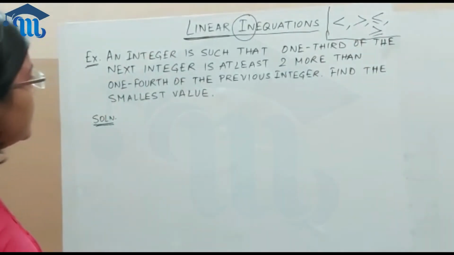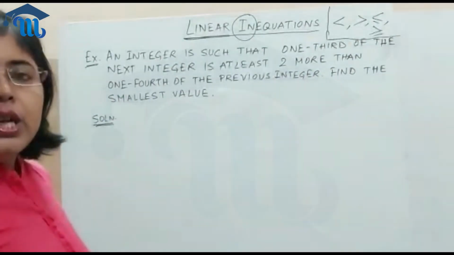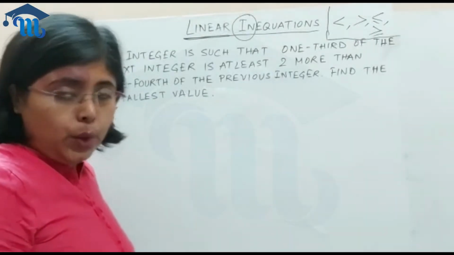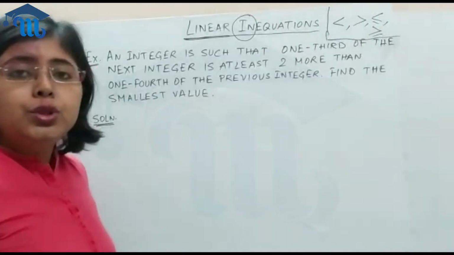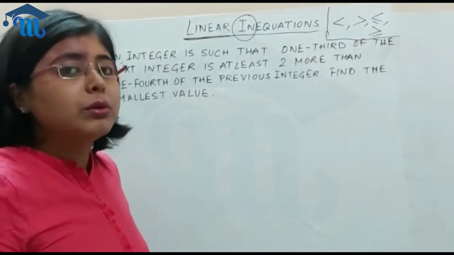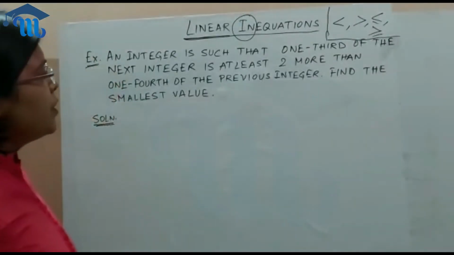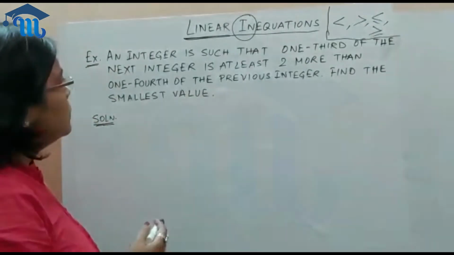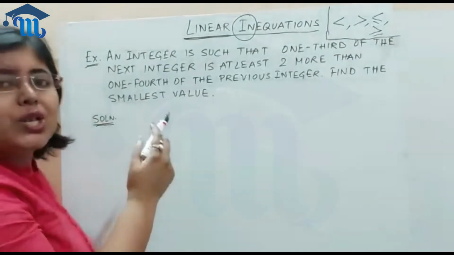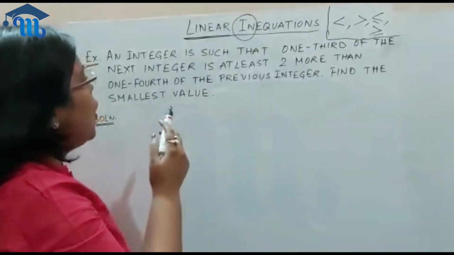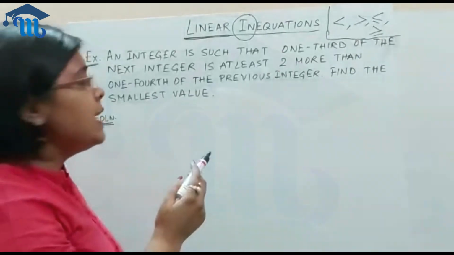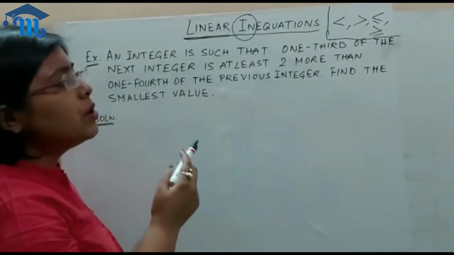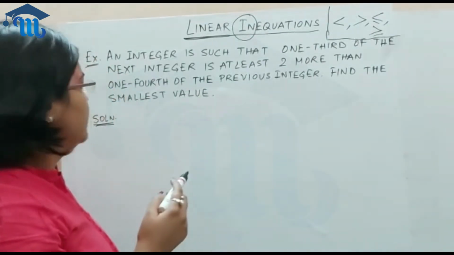Alright, now let's take an example and try to understand what we mean by linear inequation and how we should solve a given problem. First, let's just read the question given to us. An integer is such that 1/3 of the next integer is at least 2 more than 1/4 of the previous integer.